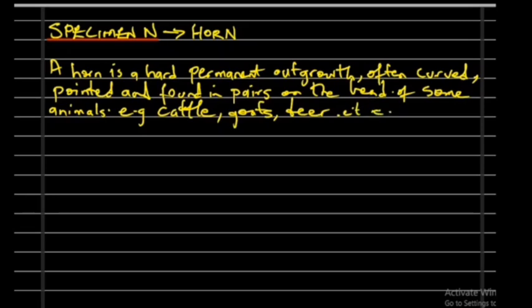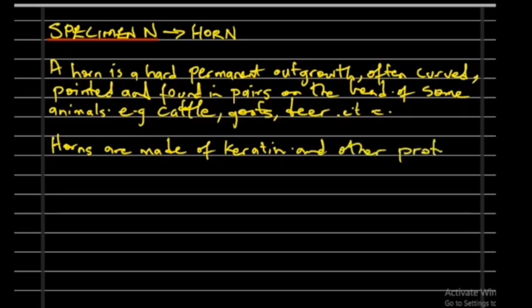Horns are made of keratin and other proteins surrounding a core of bone.